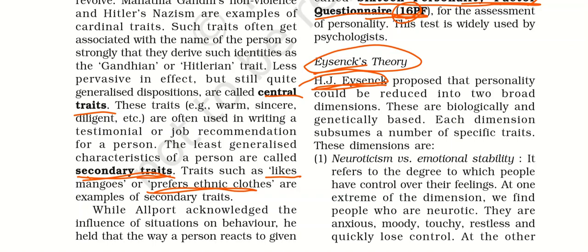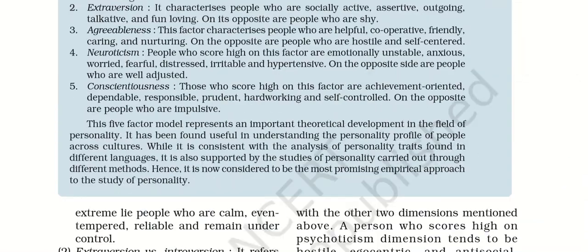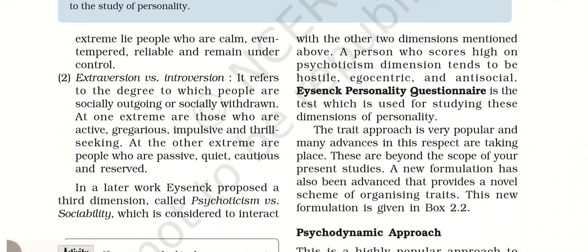First he talked about neuroticism versus emotional stability. It refers to the degree to which people have control over their feelings. Then another dimension was extraversion versus introversion. It refers to the degree to which people are socially outgoing or socially withdrawn.